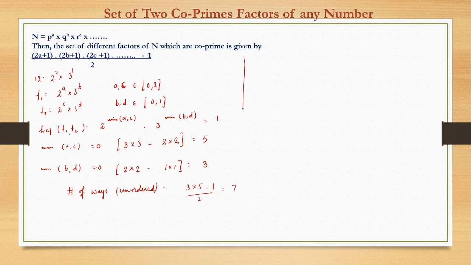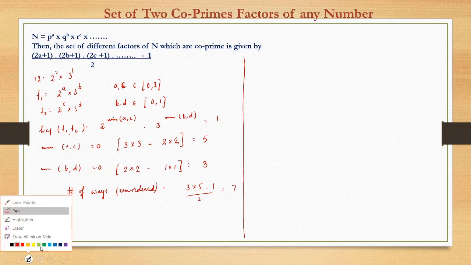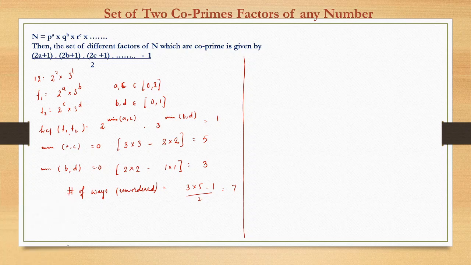Similarly, let us take another example of 72. Here n we can write as 2 raised to power 3 into 3 square, right?